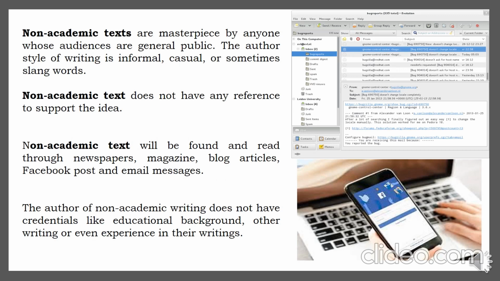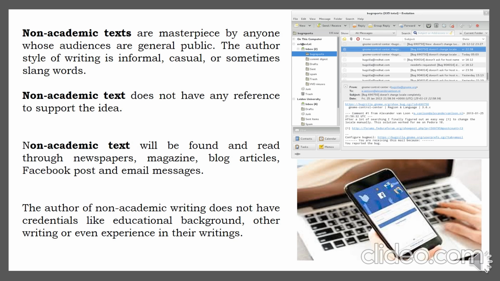The author's style of writing is informal, casual, or sometimes uses slang, unlike the academic text. Another is that it does not have any reference to support the idea of the writer. It is also found and read through newspapers, magazines, blog articles, Facebook posts, and email messages.